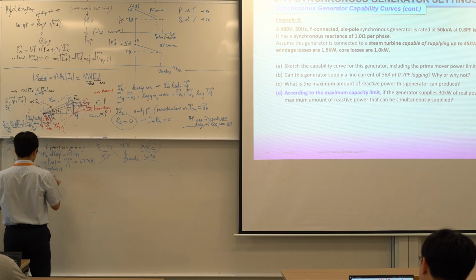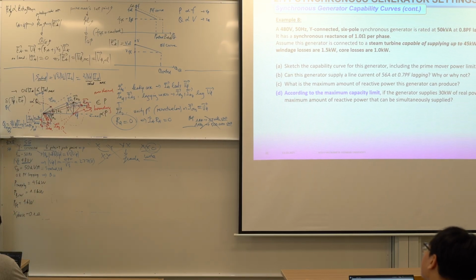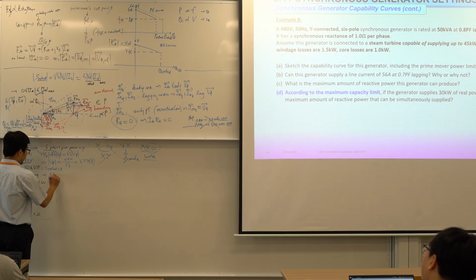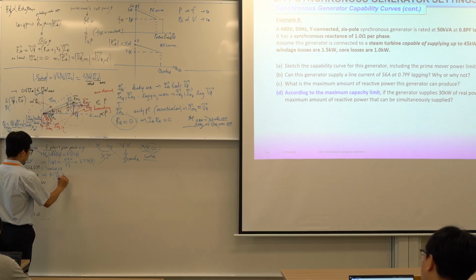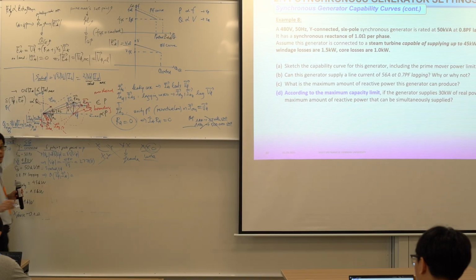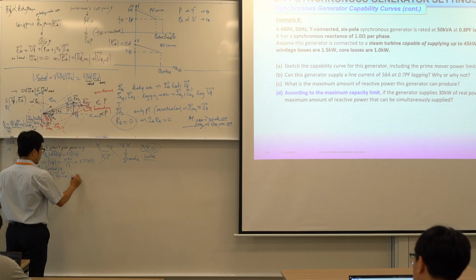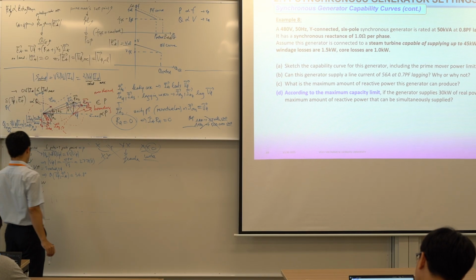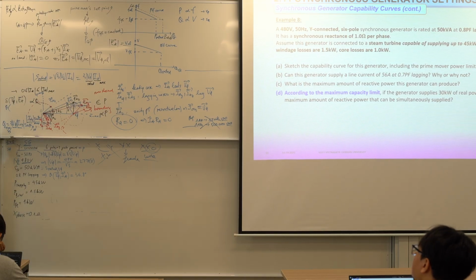That means theta, how many please? Of course, theta is the phase angle between V phase and IA. It is 36.8 degrees, right?